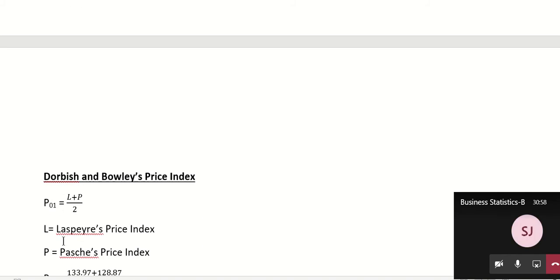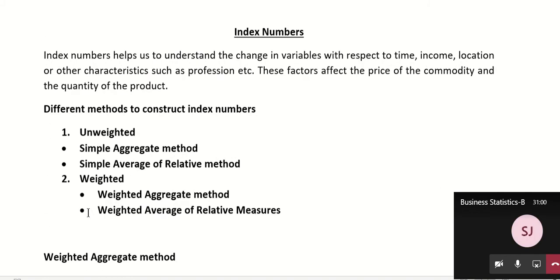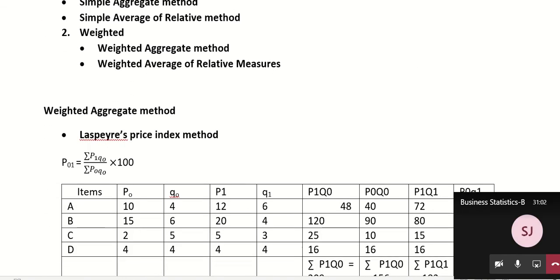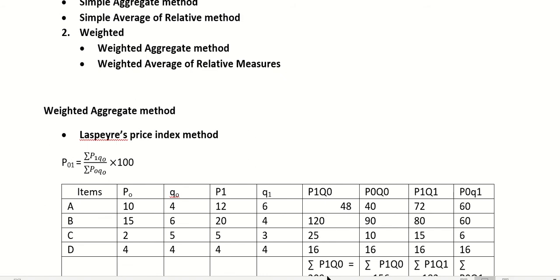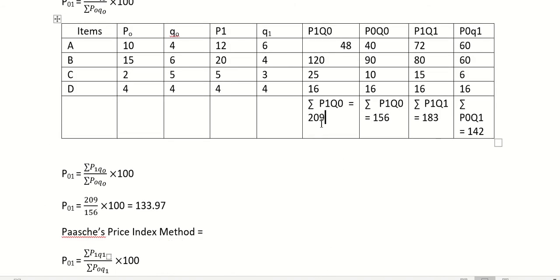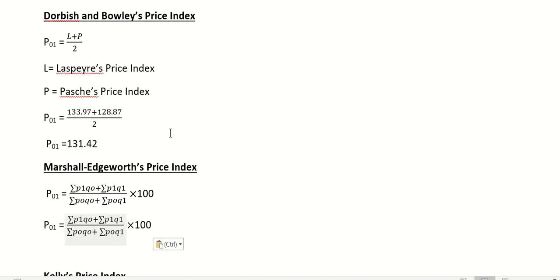So first thing we need is P1 Q0. P1 Q0 total is 209, so I will write 209 here.